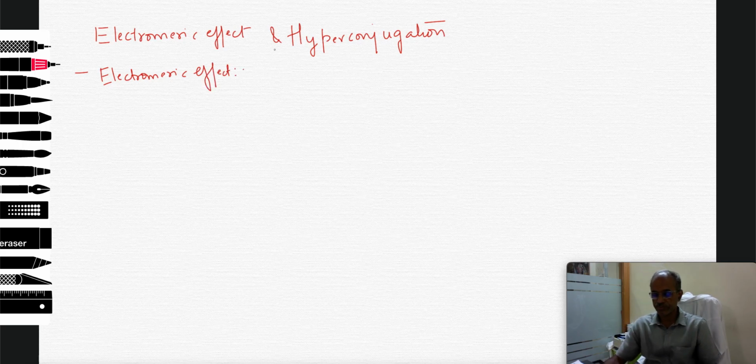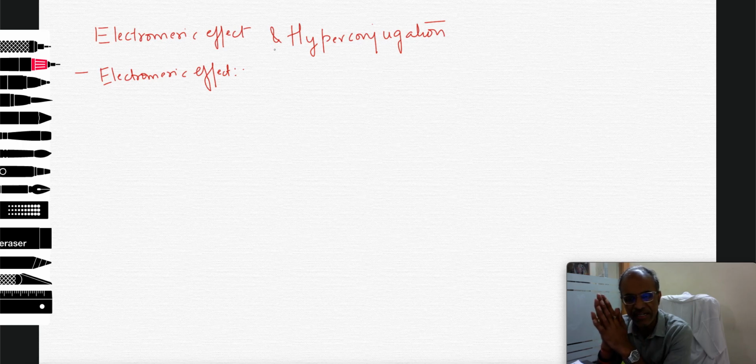Now, before starting with the electromeric effect, I will cover some basic requirements so that you can easily understand it. What happens in an organic reaction? In an organic reaction, one main organic compound reacts with some chemicals to bring about specific changes in that organic compound.